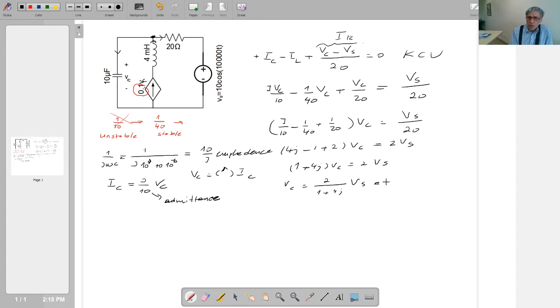So that's equal, if I multiply both numerator and denominator with the complex conjugate of this complex number, so let me do what I said, 20 times (1 minus 4j) over (1 plus 4j)(1 minus 4j). So this is the complex conjugate of this one. So I multiplied numerator and denominator with 1 minus 4j.